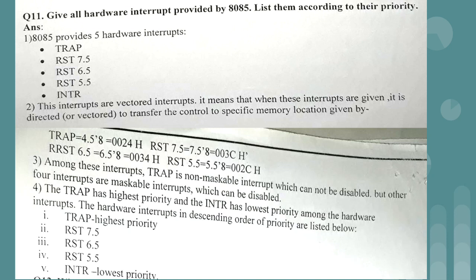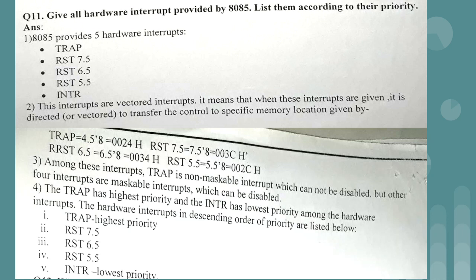These interrupts are vectored interrupts. The meaning of this is, when these particular interrupts are given, it is directed to transfer the control to a specific memory location. When this type of interrupt occurs, like the TRAP interrupt, we will automatically move to a specific memory location, and this is the reason why they are vectored. Vector means there is a fixed memory location to which the control will move.